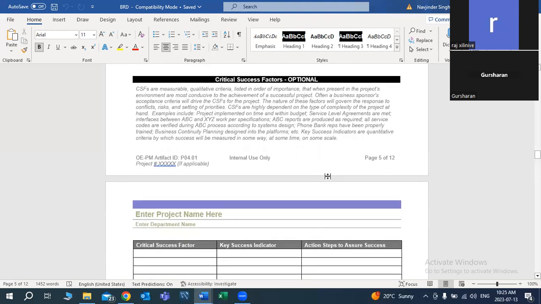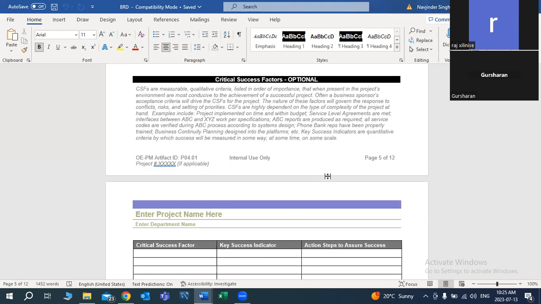Next, critical success factors. What are critical success factors? It means what factors we need to consider to make the application successful, right? So those critical success factors have to be mentioned here. Maybe internet connection might be one of the critical success factors.